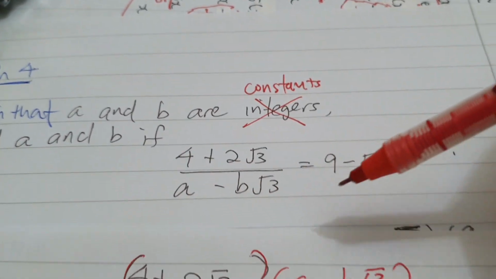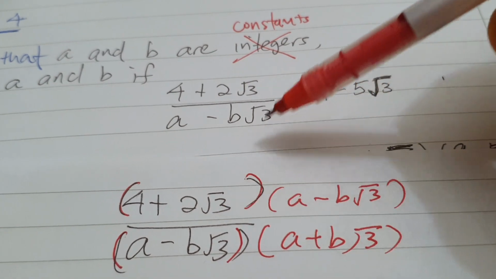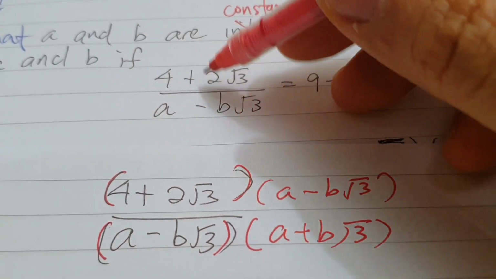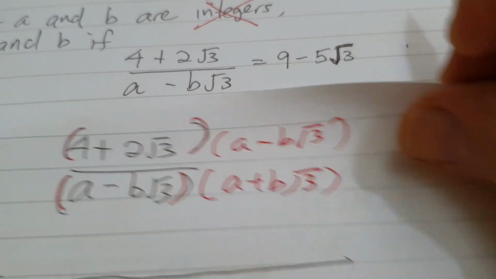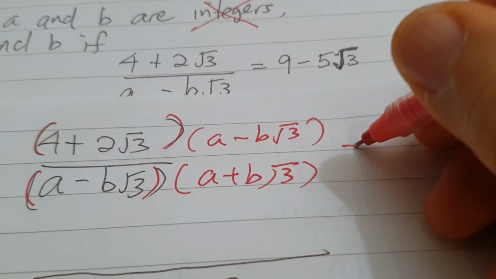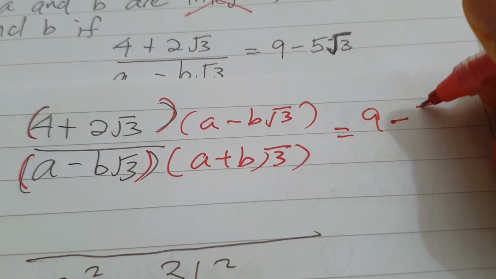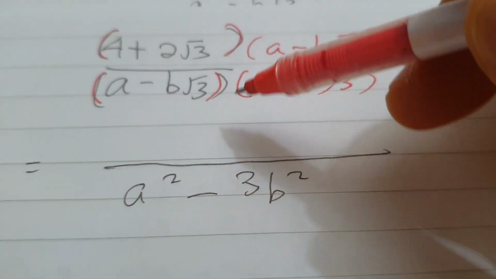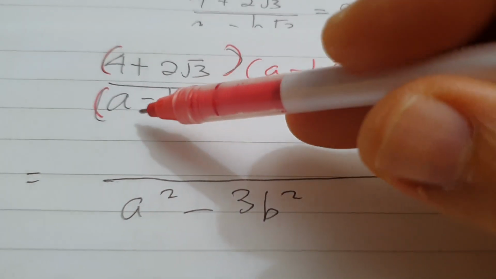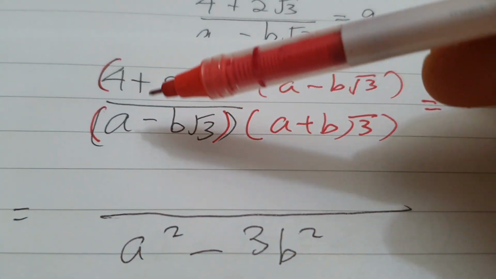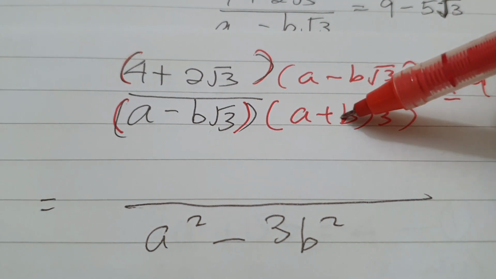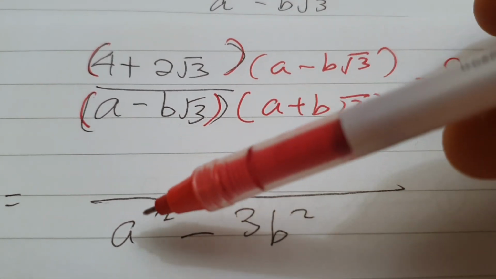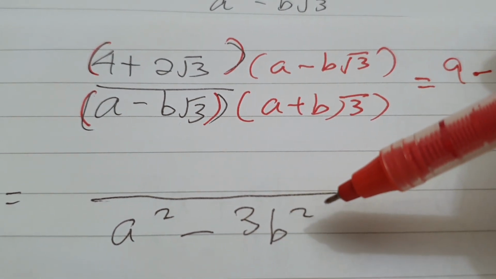Now the unknowns are at the denominator, so you could try to rationalize the left hand side, and the right hand side you just leave it. You multiply by the conjugate of this, that is, change this sign here, and you will end up with a squared minus 3b squared at the denominator.